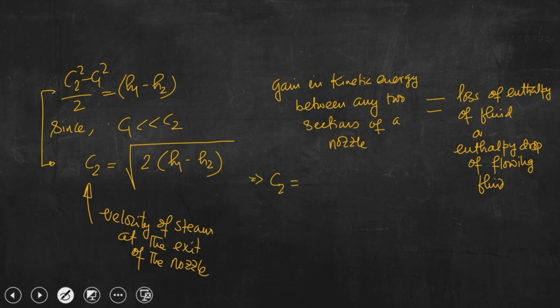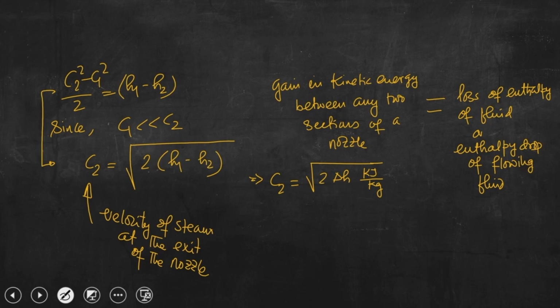equal to under root of 2 into delta H, and that is kilojoule per kg. So, this is not in terms of velocity, so we need to convert it because this is velocity.